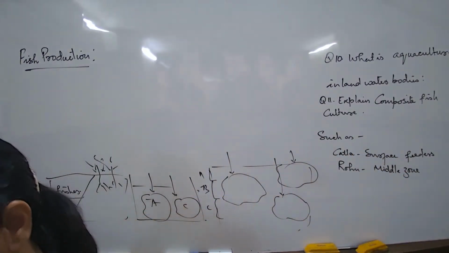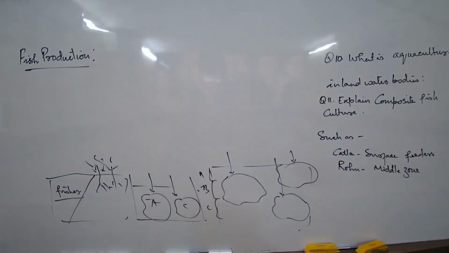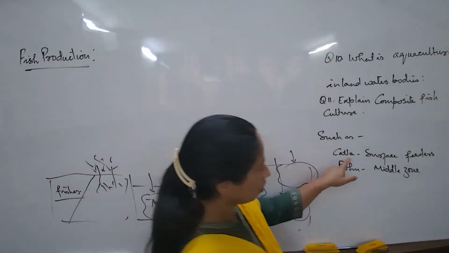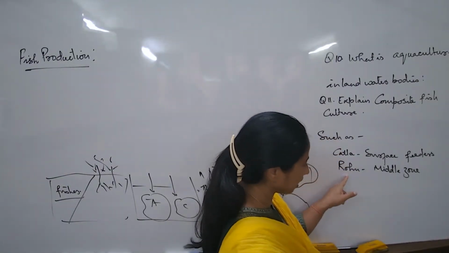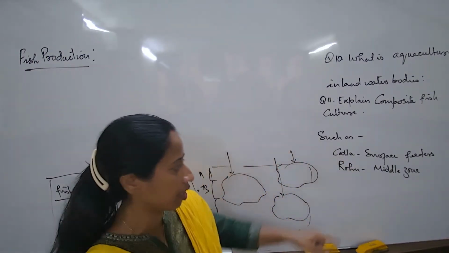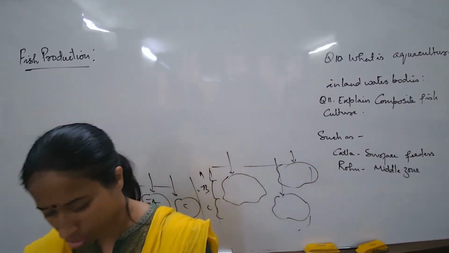What is Rohu? R-O-H-U. Write straight after feeders. This is the first line, this is the second line. You keep writing as I'm writing. Katla are present on the surface of the water body. Rohu found in the middle zone.